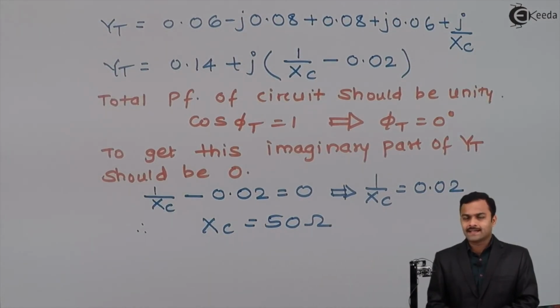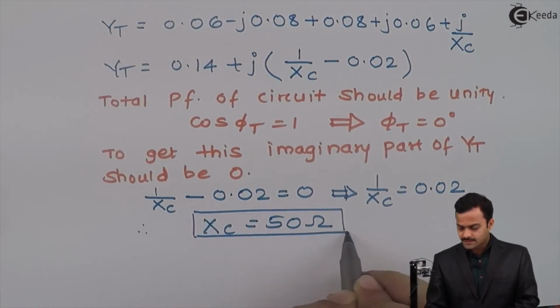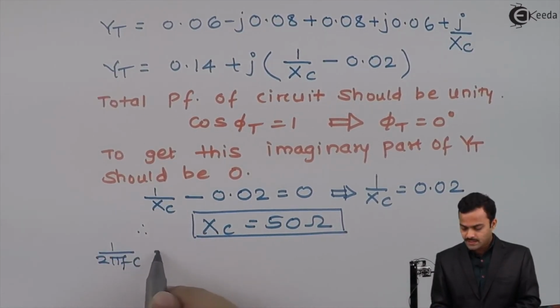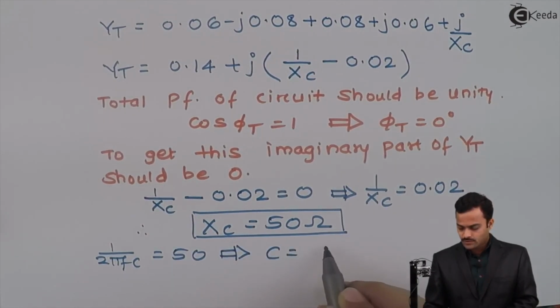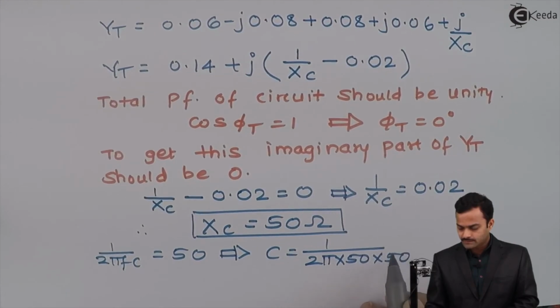From this I can get the value of C also, because the frequency they have given is 50 Hz. So from Xc, how to get C? It's 1 upon 2 pi f C equal to 50, which implies C equal to 1 upon 2 pi 50 multiplied by 50.